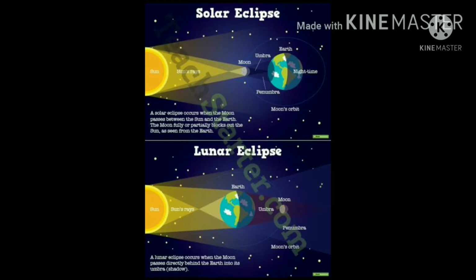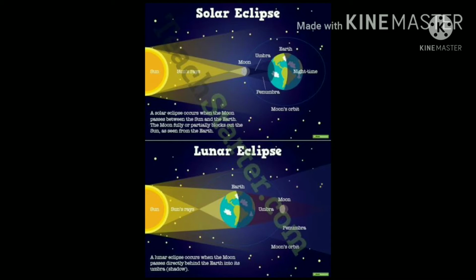Eclipse means mainly the three celestial bodies. They are sun, earth and moon. An eclipse occurs when the sun, the earth and the moon are in a straight line. We know these celestial bodies are moving, isn't it?